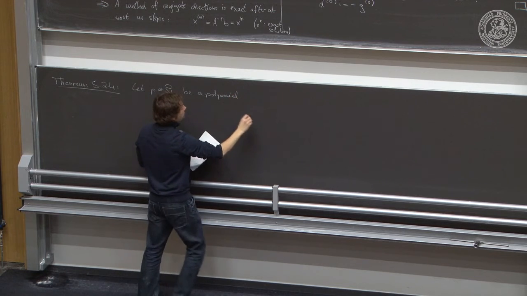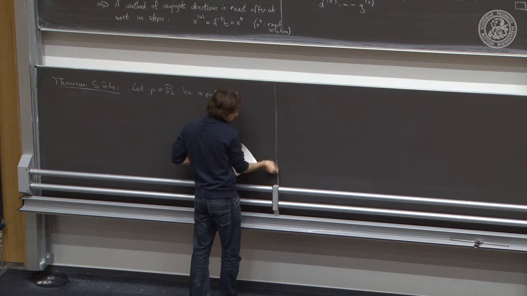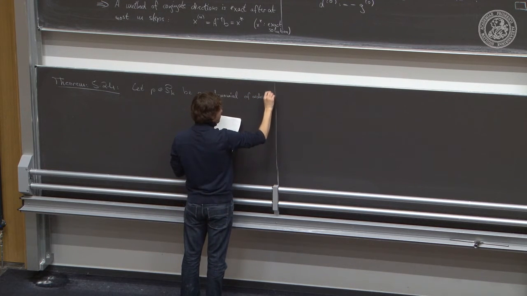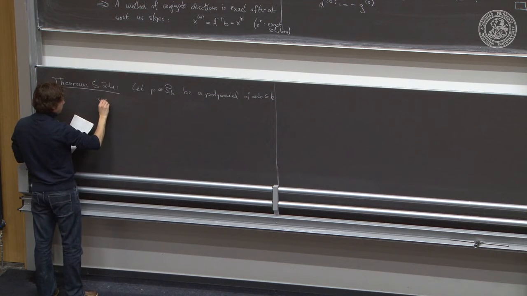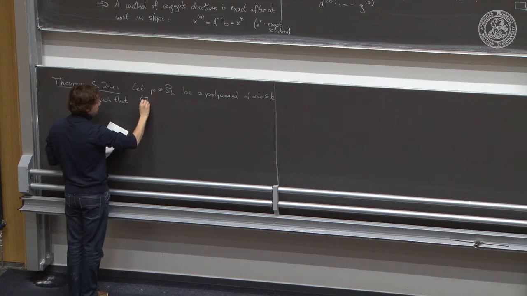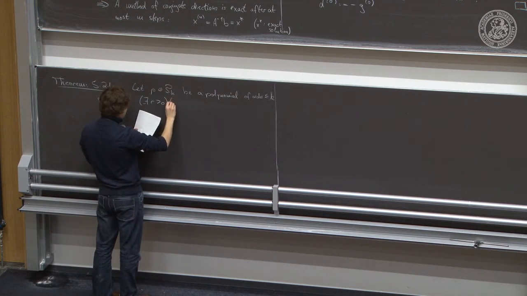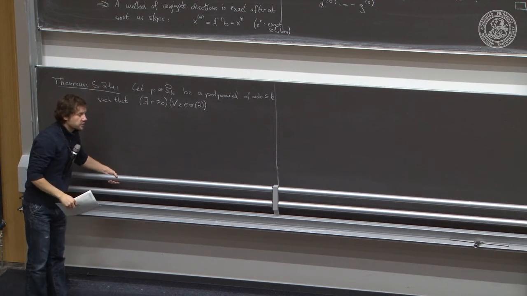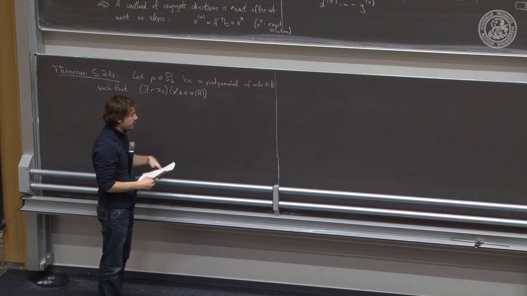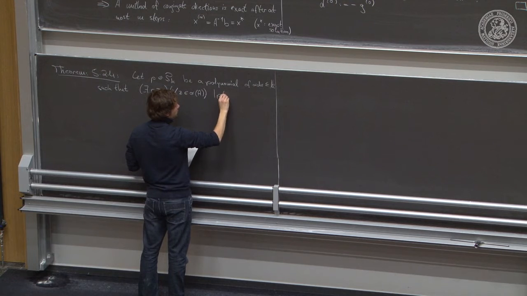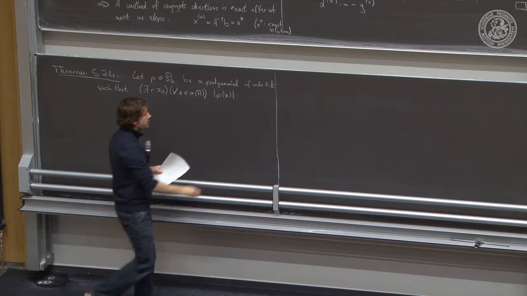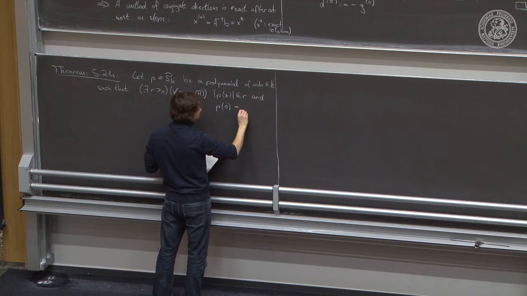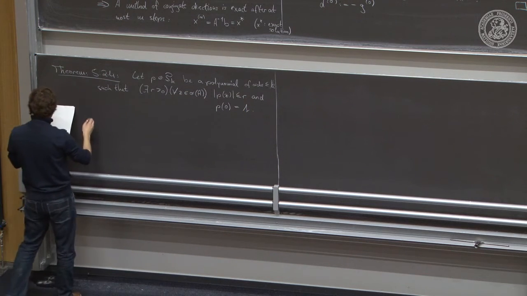We have to make some assumptions on our polynomial: a polynomial of order less or equal to k, such that there exists a positive number R, such that for all eigenvalues of our matrix A, so this set belongs to the spectrum of A, we can estimate this polynomial evaluated at such an eigenvalue by R. And moreover, we want that this polynomial at point 0 equals 1. Okay?